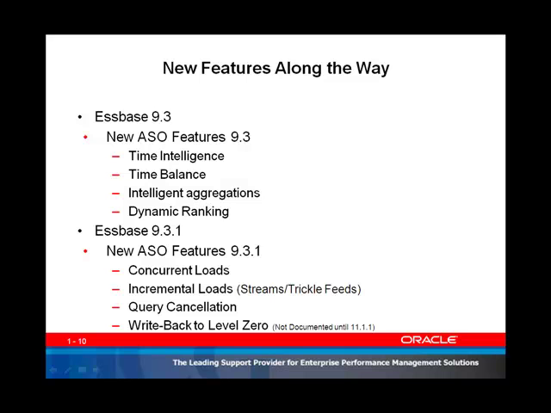Also introduced were incremental data loads, which include the streams or trickle feeds, as you may know them. This allows you to get your data updated incrementally in slices, which allows for that close to real-time data. Also introduced in 9.3.1 was query cancellation to allow you to cancel a query in MaxL or ESSCMD. And finally, the write back to level 0 was introduced in 9.3.1, although at that time it was undocumented, and now in the 11 release it was fully documented.